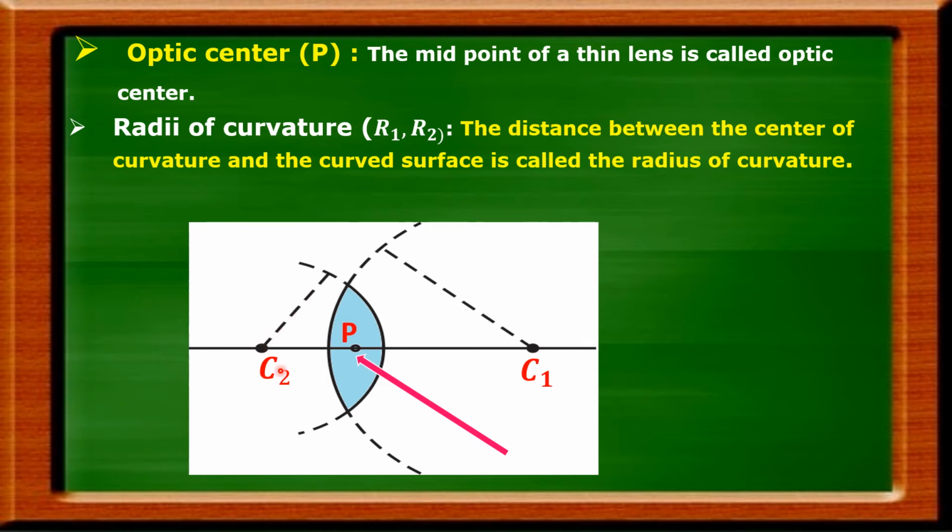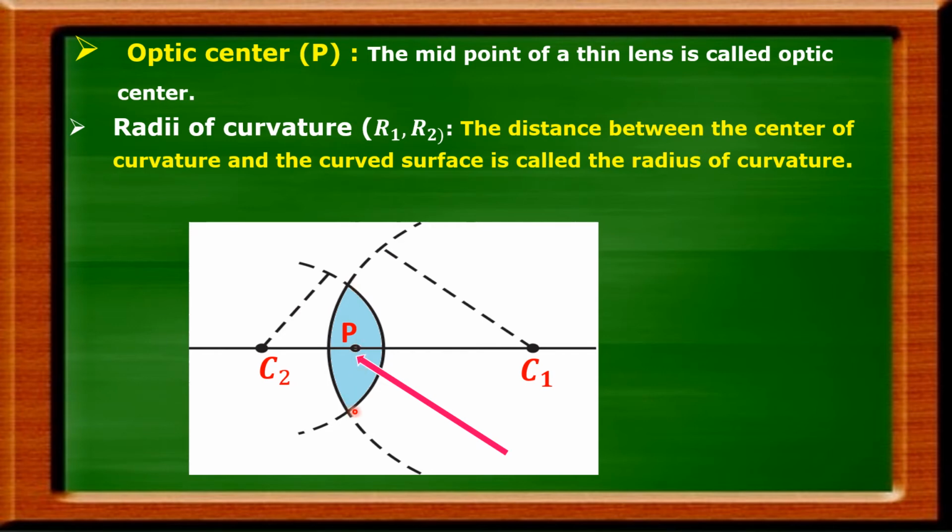And very interestingly, the radius of curvature is nothing but the distance between the optic center and the center of curvature in case of a thin lens. For example, if these two curved surfaces are very close to the optic center P, this curved surface is like this and this curved surface is like this.